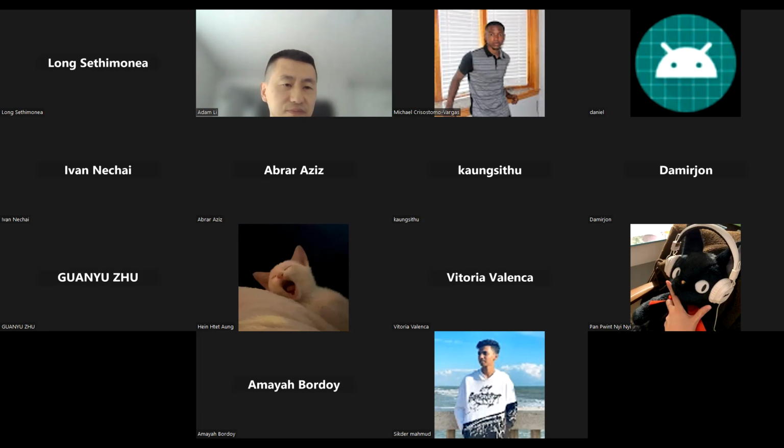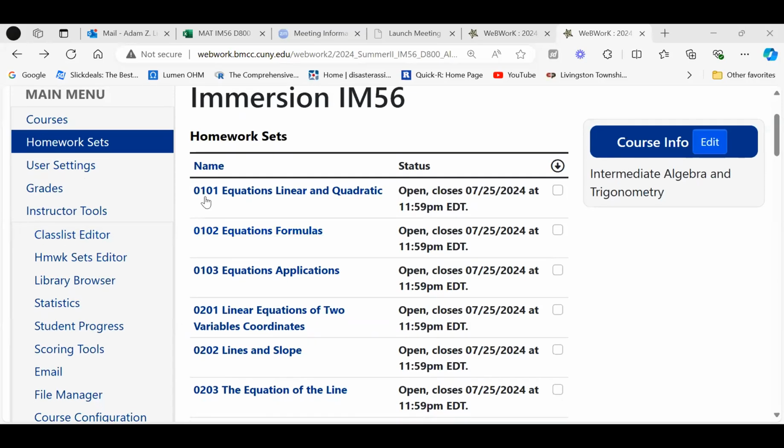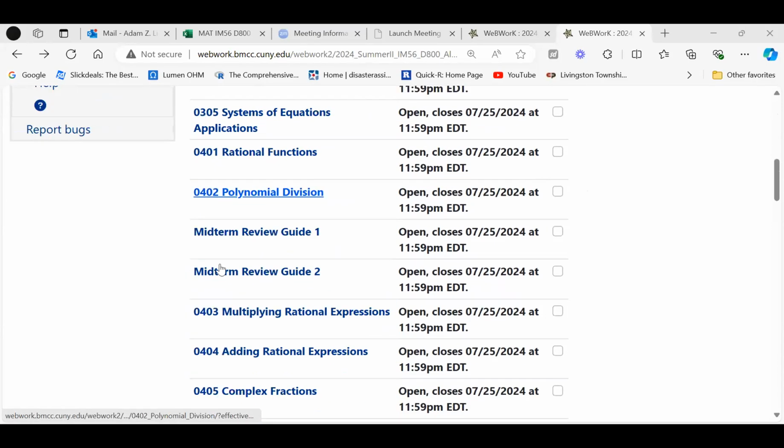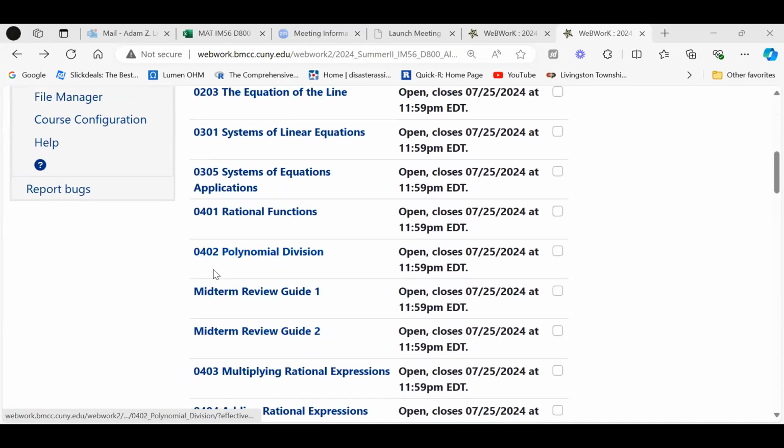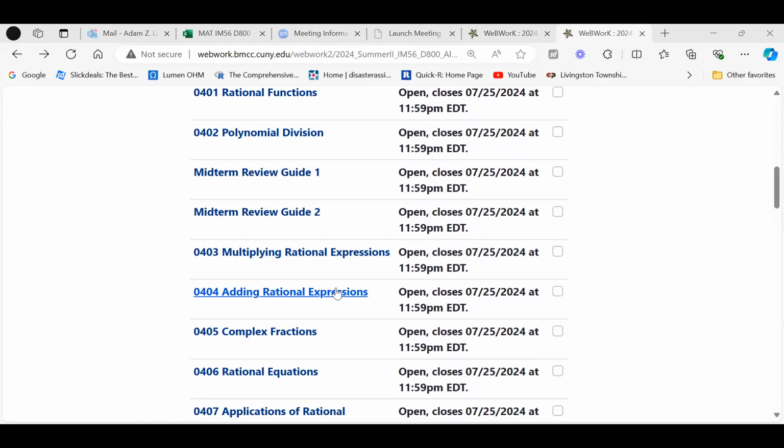Do we have the due date for the homework? Yes, all the homework is in WebWork, I'll show you. Today's homework is 4.1, 4.2, 4.3, 4.4, all the way up to adding rational expressions.